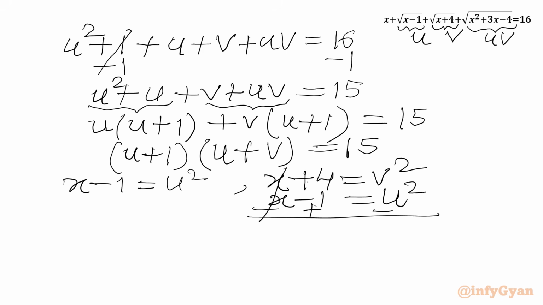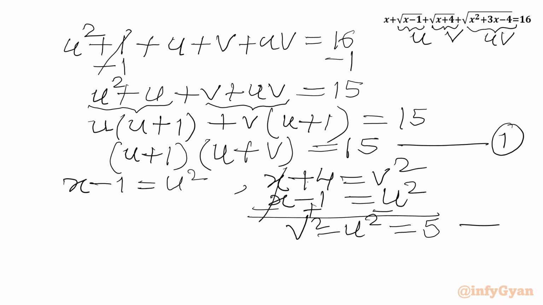We will get v square minus u square, and this will be equal to 5. Now we have two equations. Let us say this is the first equation, u plus 1 times u plus v equal to 15, and this is our second equation, v square minus u square equal to 5.